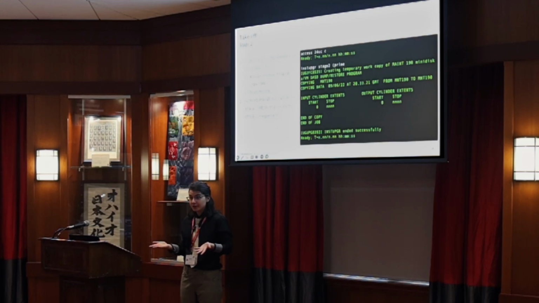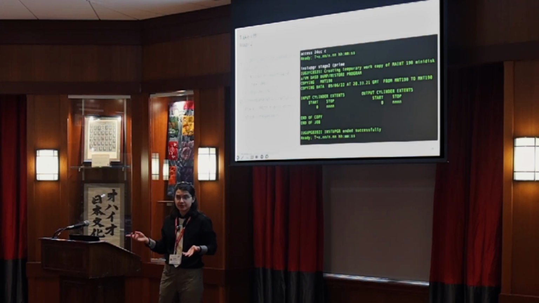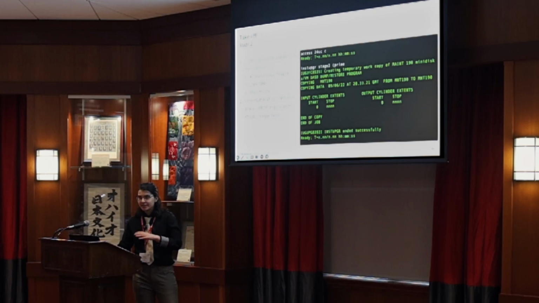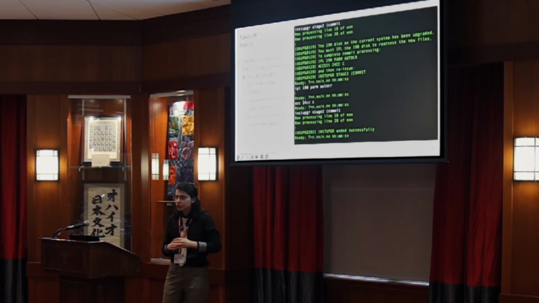Once that table is created, if it runs into any errors, you will find those in the warn file that's on MyGmate's 2C0 disk. But once that table is created successfully, you can move straight on to installation upgrade stage 2 commit.